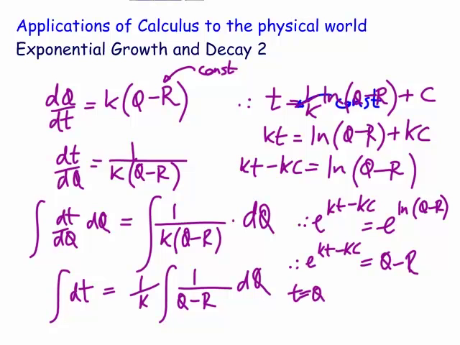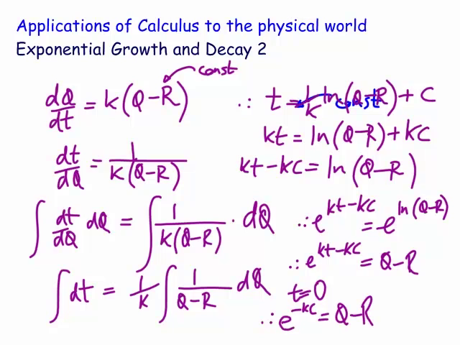So if we let t equal 0, what happens? You can see that e to the kt minus kc becomes e to the power of 0 minus kc, which is e to the minus kc, equal to just q minus r.